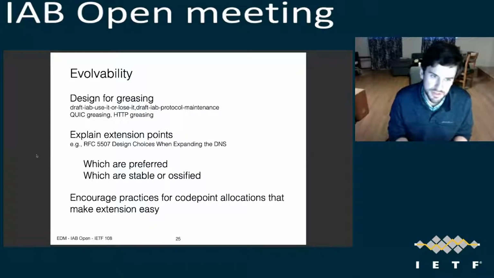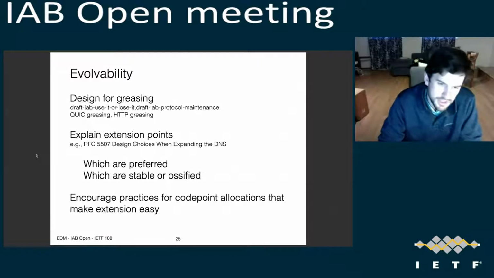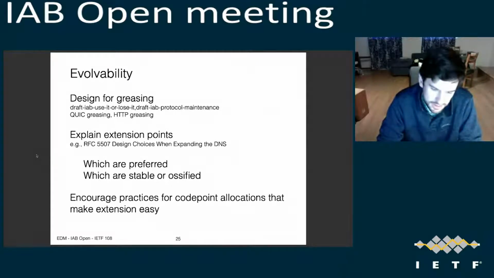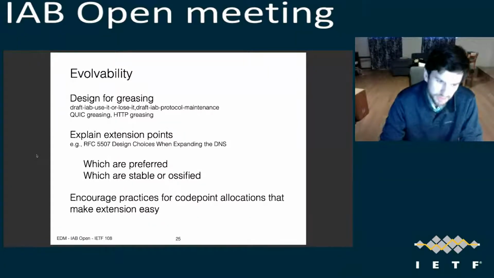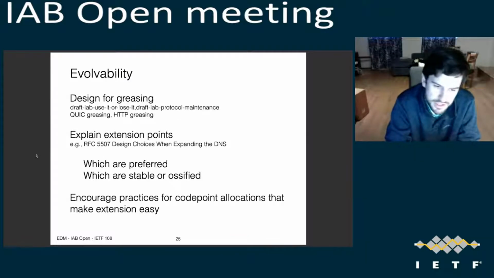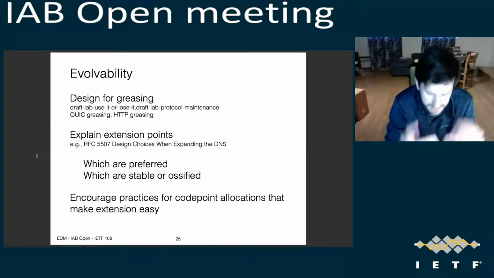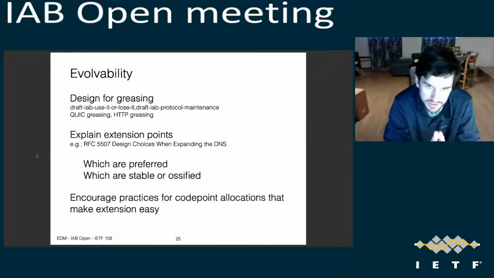More recently, there's been a discussion and a new mailing list that was set up around HTTP greasing to try to do large-scale experiments to start greasing various fields and properties of HTTP to make sure that we don't end up with more ossification. So that's one aspect of evolvability.